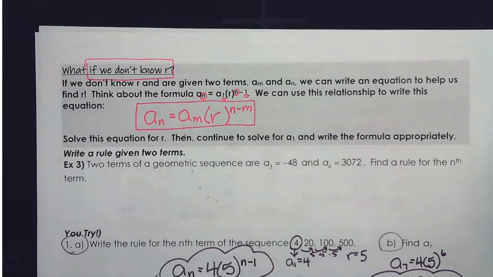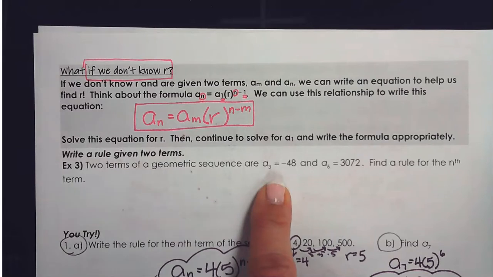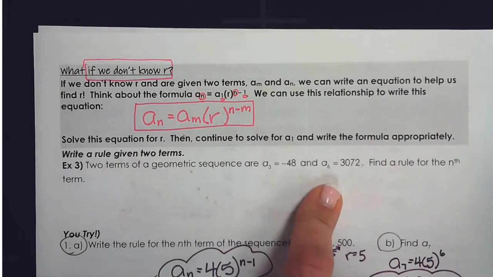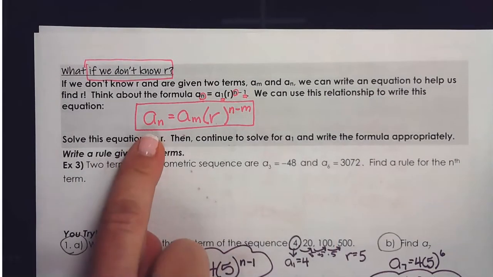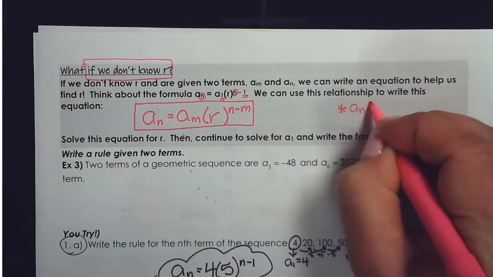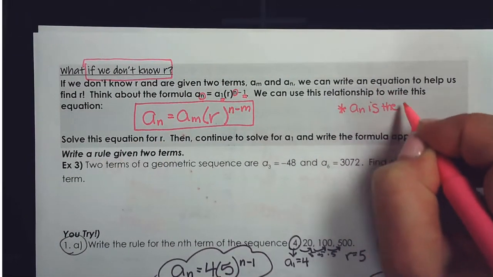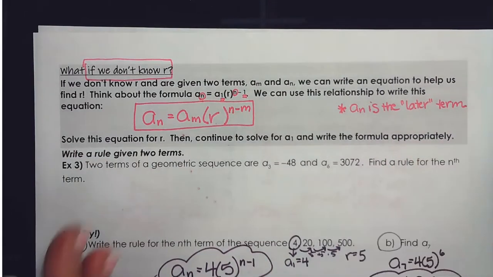So let's try that in example 3. It says two terms of a geometric sequence are a sub 3 equals 48 and a sub 6 equals 3072. Let's find a rule for the nth term, okay? When we talk about a sub n, one thing I'll say here is that a sub n is the later term, meaning that it's going to happen farther down.